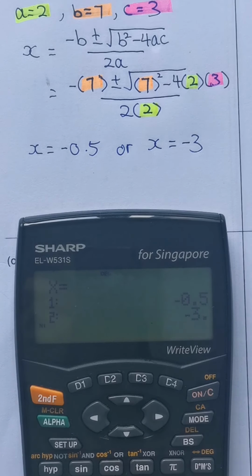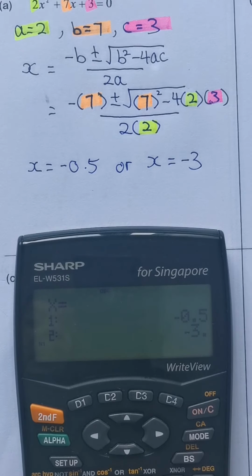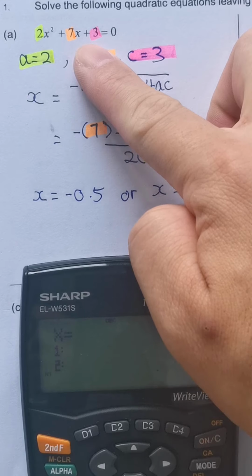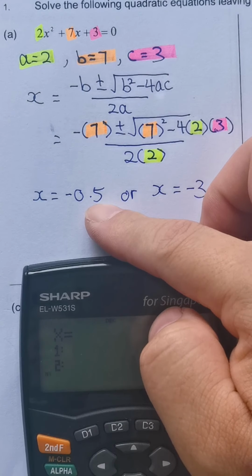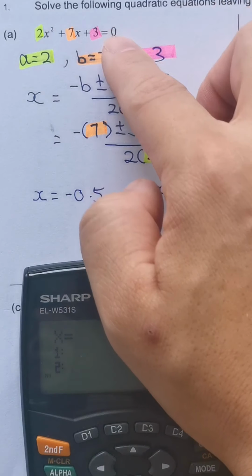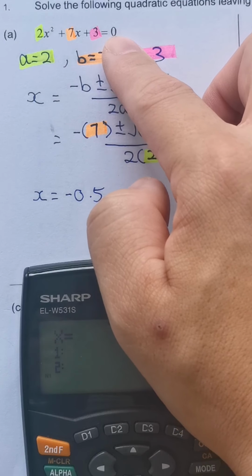Let's see whether it is correct. We can substitute back into our equation, for x equals negative 0.5 and x equals negative 3, to check whether it equals 0.